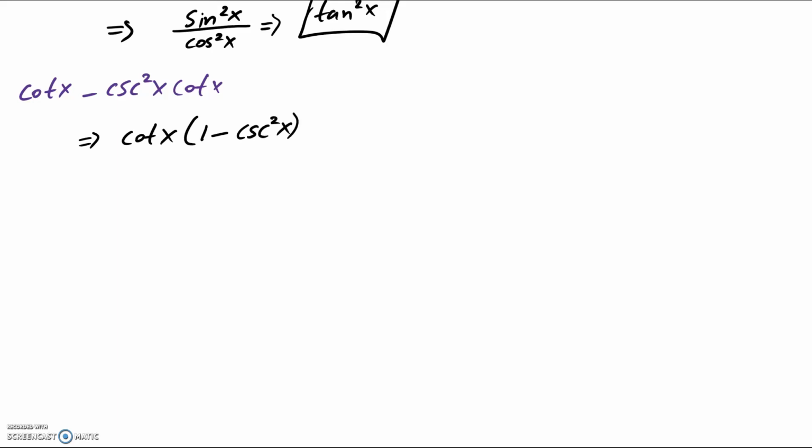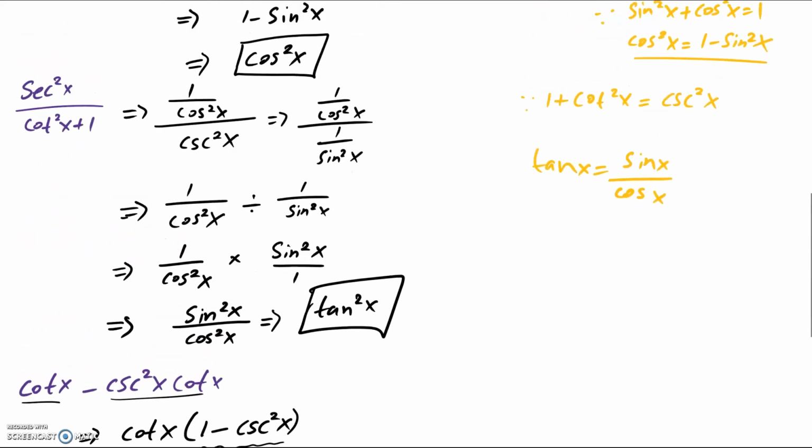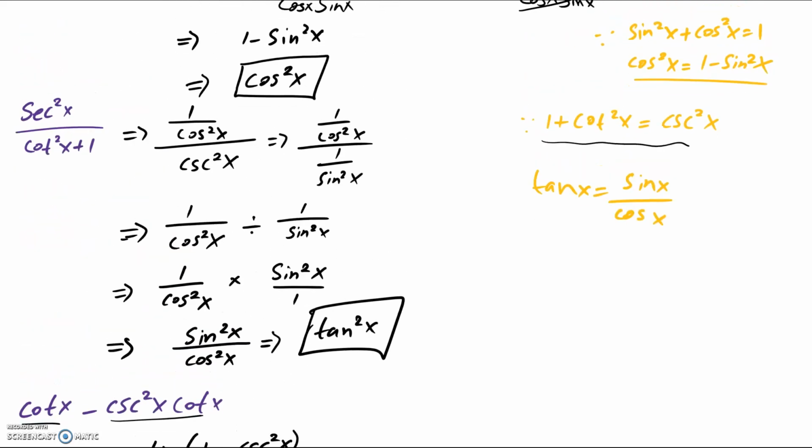From this term and this term I took cot x as a common factor, and you will be left with 1 minus cosecant squared x. Now I hope your mind catches on that this expression will use the Pythagorean identity, which we used in our question right here.